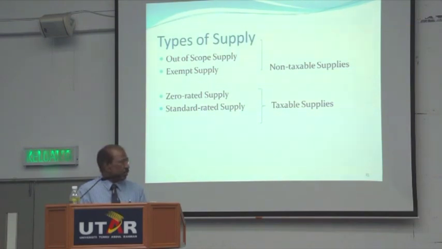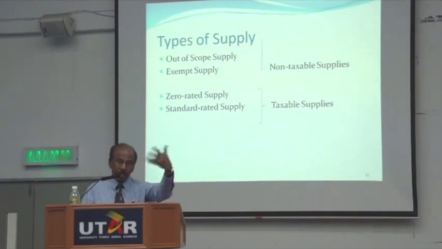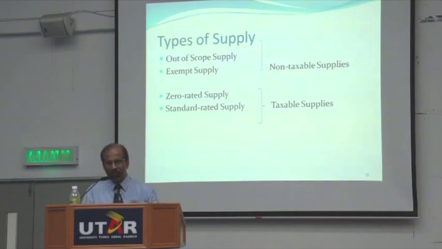Now you may wonder why charge 0. You'll realize later that for products or services which are 0 rated, the business would have paid input tax when they buy the materials. But when they are selling to the next person on the chain, they can charge output tax, but it's 0, so they're not going to get any output tax credit. So in this case, they can claim what they paid as input tax credit.